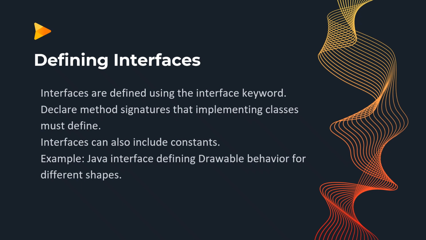Declare method signatures that implementing classes must define. In an interface we provide just the signature, and all the things will be implemented in the child class or other classes. Interfaces can also include constants. Example: a Java interface defining drawable behavior for different shapes.